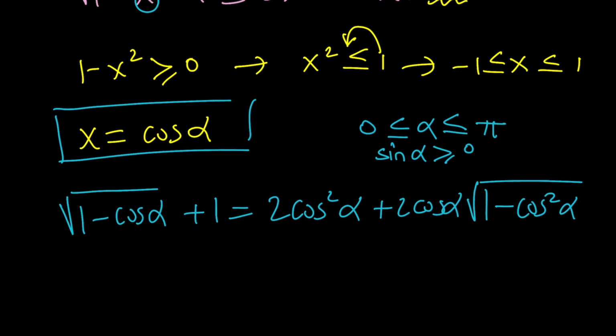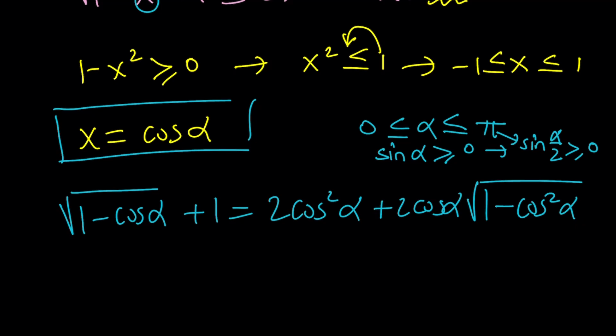In the first and second quadrant, sine is positive, right? And of course, this also implies the inequality that sine of half of alpha is also going to be greater than or equal to 0, all right? Because if alpha is between 0 and pi, then half of that is going to be between 0 and pi over 2, which is the first quadrant.